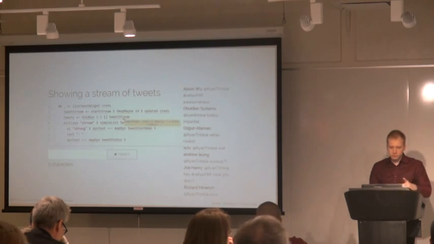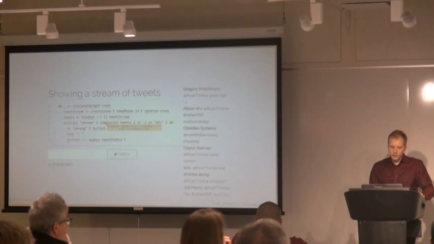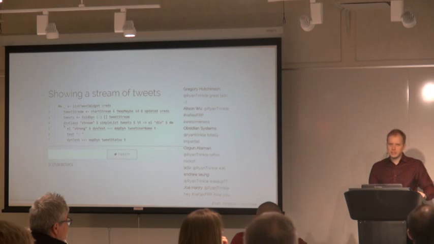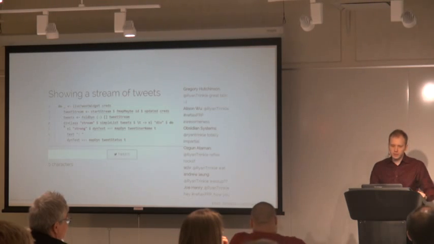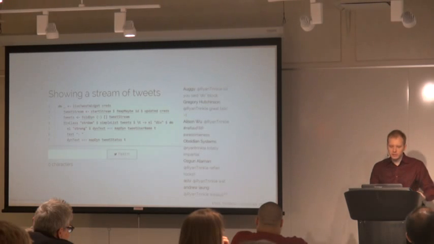Then we use the same fold dyn that we used before to collect up all the tweets that we get from the stream, and then we put it into a div here. As you can see, this talk has been a little bit light on any kind of styling stuff, but there are primitives for all that as well. Div class is just going to create a div with the class stream here. Simple list is a really great combinator we have.